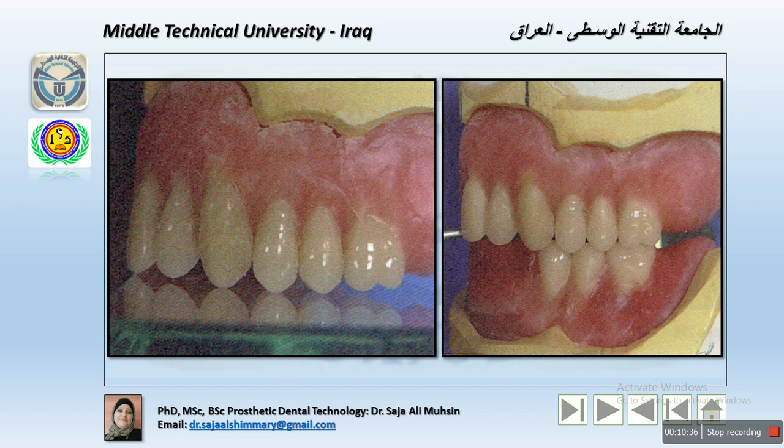That means the mesopalatal cusp gives a functional articulation, and the other cusps are lifted in a way that the mesiobuccal is lifted 0.5 millimeter, the distobuccal about 0.75, and of course the distal cusp will be elevated a little bit, about 0.5 millimeter away from the occlusal plane.